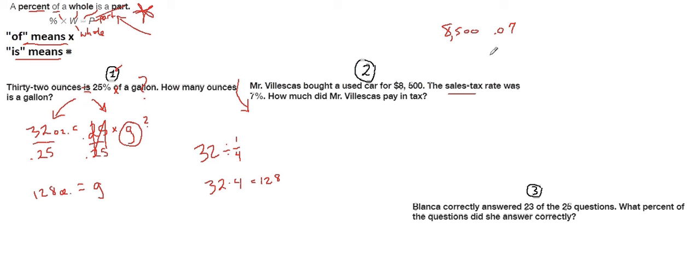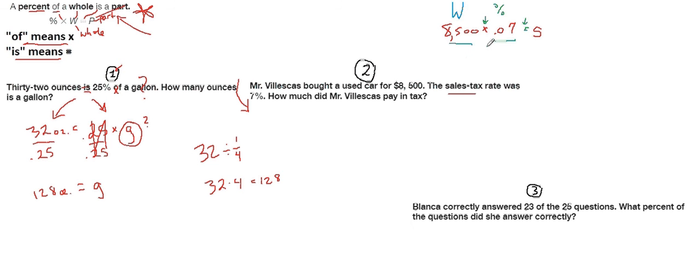How much did Velasquez pay in tax? 8,500 is the whole, right? Whole. This is the percent. This means of. This means is. And then we've got the part that we don't know yet, sales tax. Let's put S for sales tax.